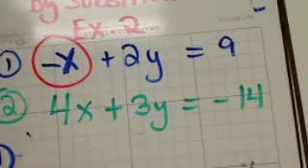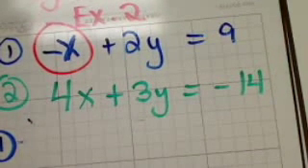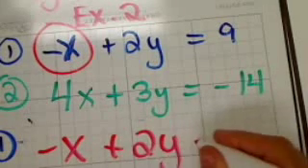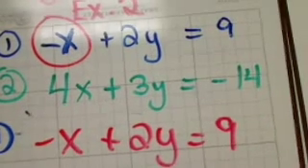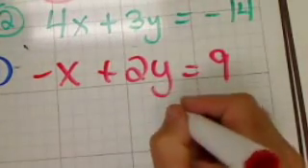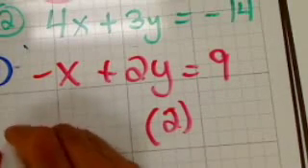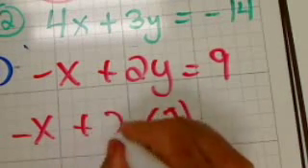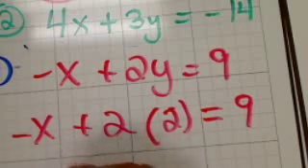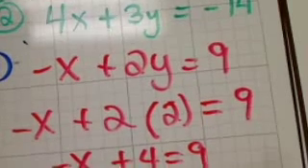So I'll work with equation number 1, which is minus x plus 2y equals 9. And in that equation, I said that y was 2. So that's going to be minus x plus 2 times 2 equals 9. Minus x plus 4 equals 9.